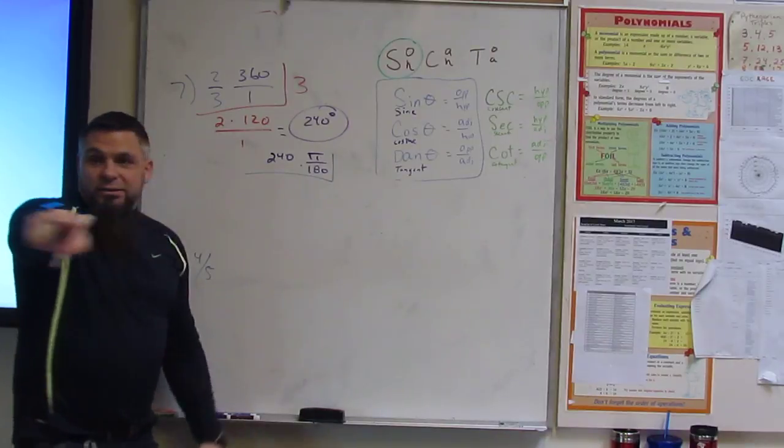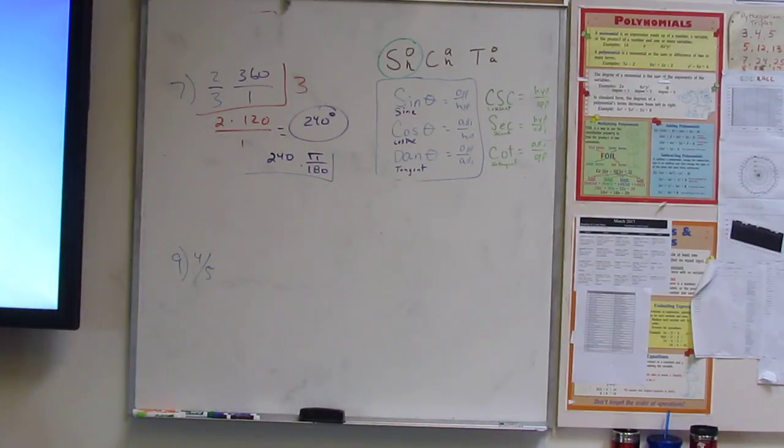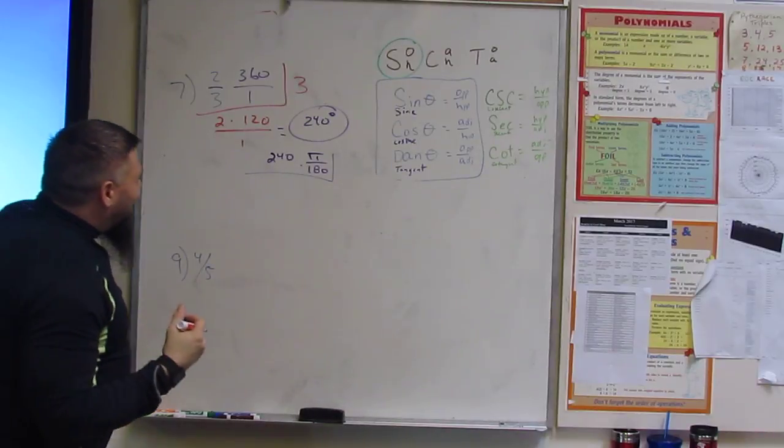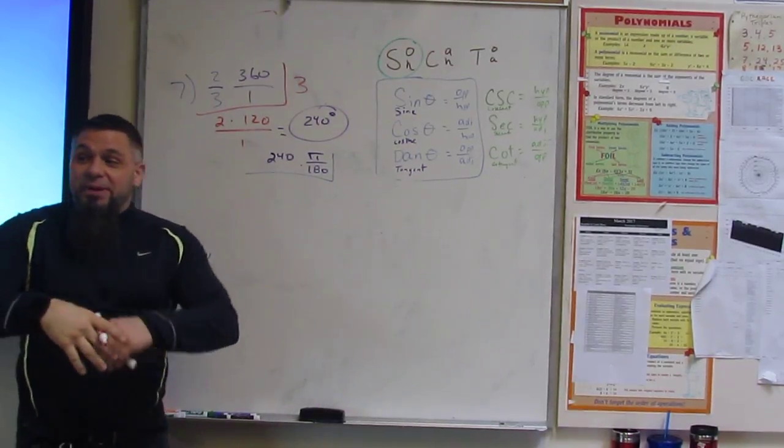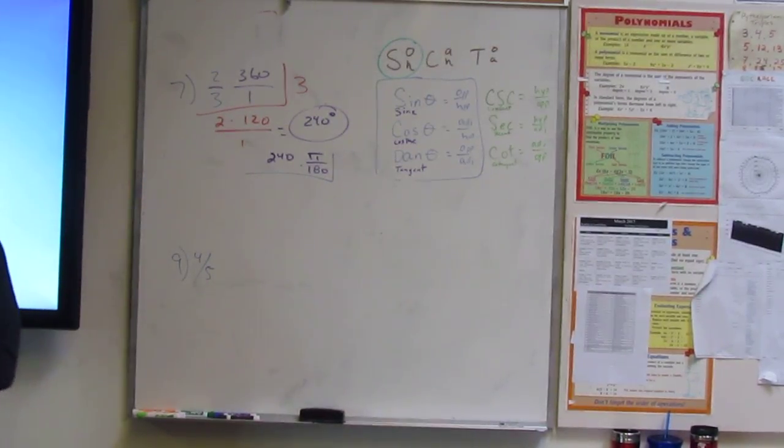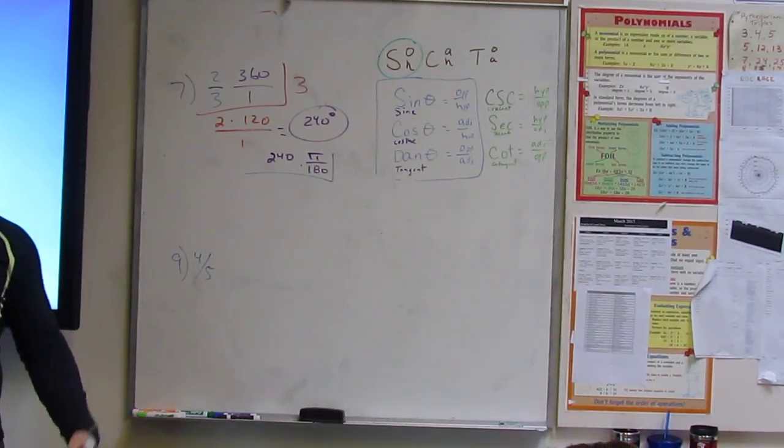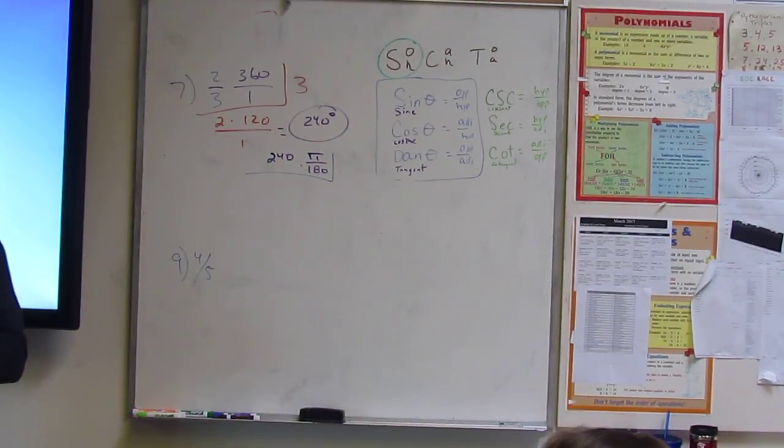But then we got Smarty Pants over here going 60. She's thinking 6 goes into 24 and 18 and 10. Love it. So she might be able to see the 60 right away, but some of us might not be able to. So you just deal with what you got.